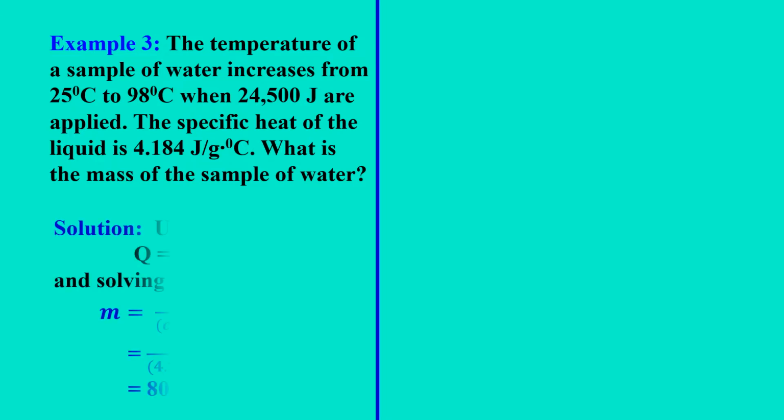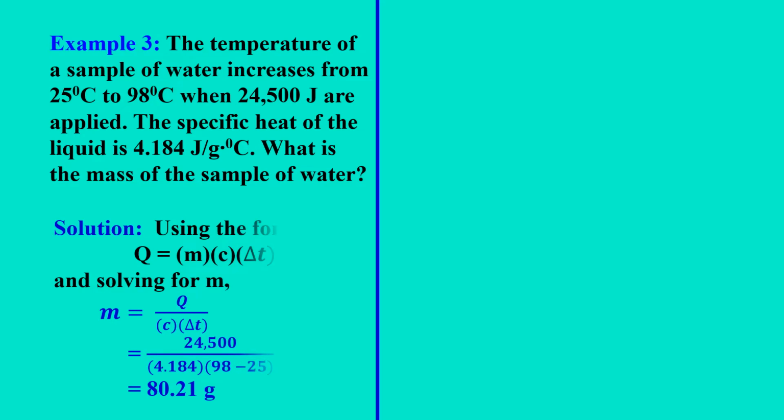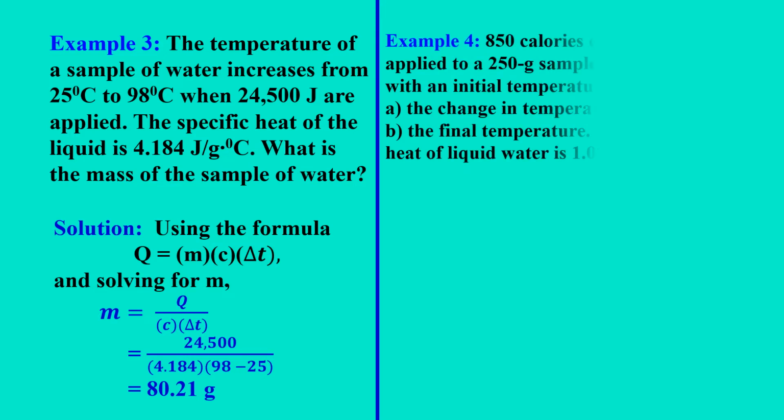So, from the formula Q equals M times C times delta T, and solving for M equals Q over C times delta T. Substituting the values is 24,500 divided by 4.184 divided by 98 minus 25 equals 80.21 grams.